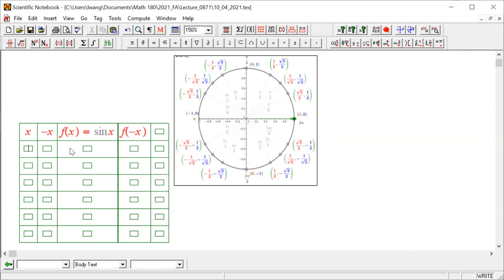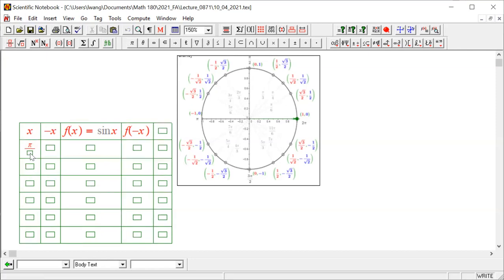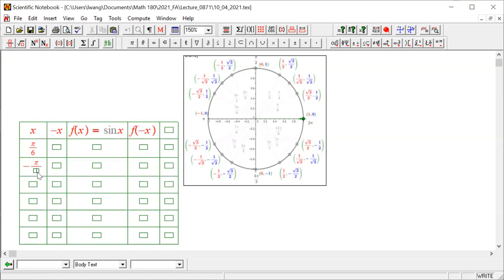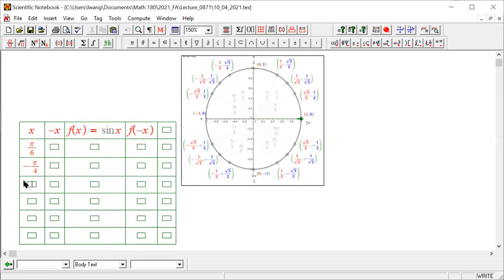So now I'm going to give you some concrete values. These concrete values will be pi over 6, negative pi over 4. I want you to do it by ARD. I'm going to give you an example.